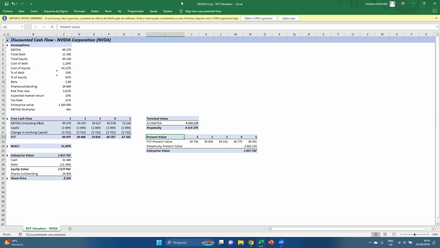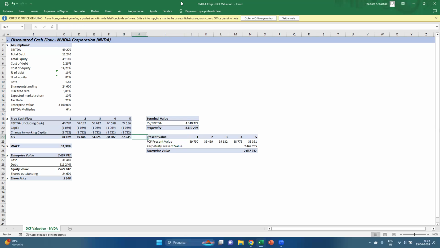No, it is based on the intrinsic value, the value of the company. And then we are going to discount it to have the present value.